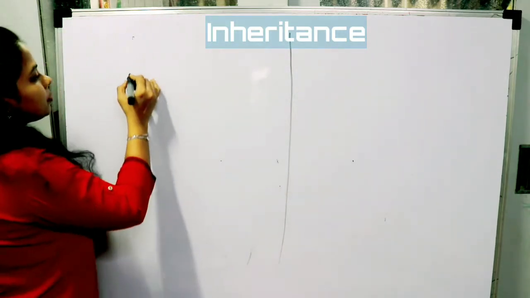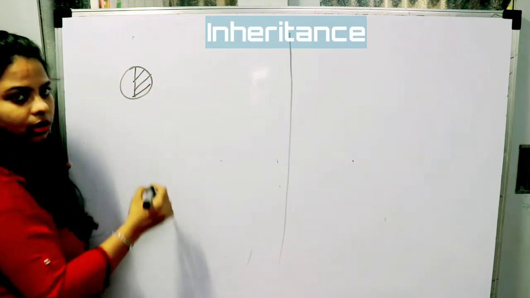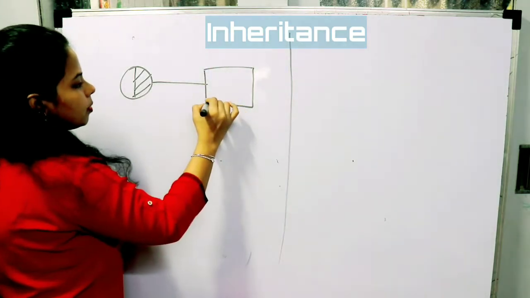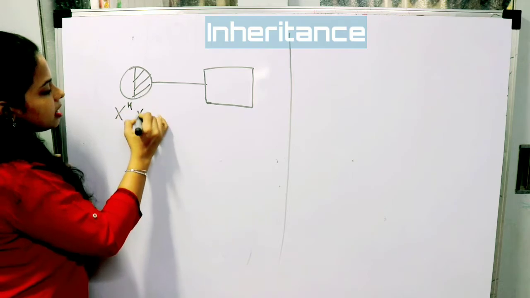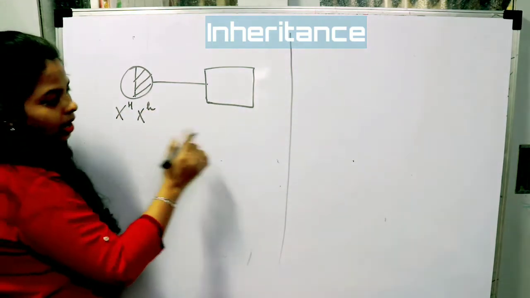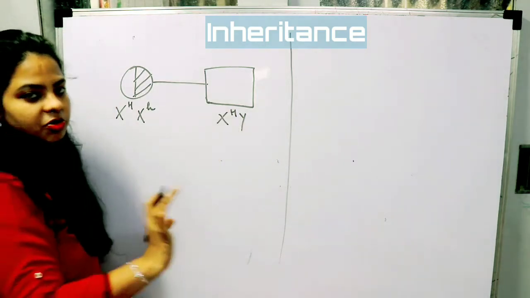If there is a carrier female, half shaded will be for carrier. A carrier female marries a normal male. The genotype for the carrier female is X capital H X small h, and for the normal male it is X capital H Y. Capital will always be for normal.